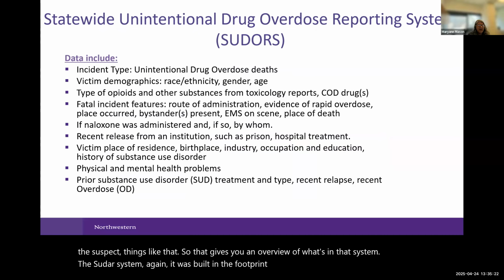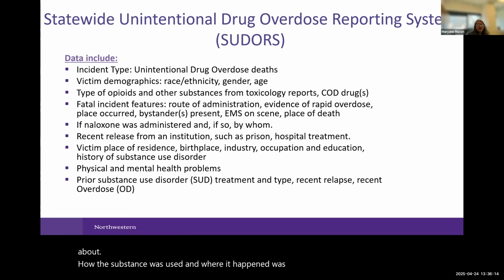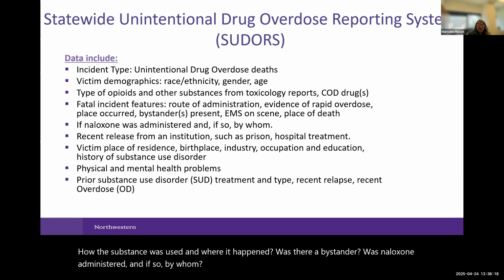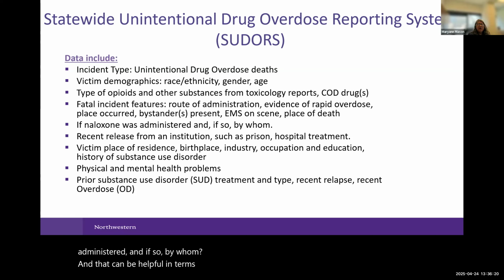We have a lot of information about how the substance was used and where it happened. Was there a bystander? Was naloxone administered? And if so, by whom? And that can be helpful in terms of thinking about what you want to do distribution-wise and training-wise for naloxone in your community.